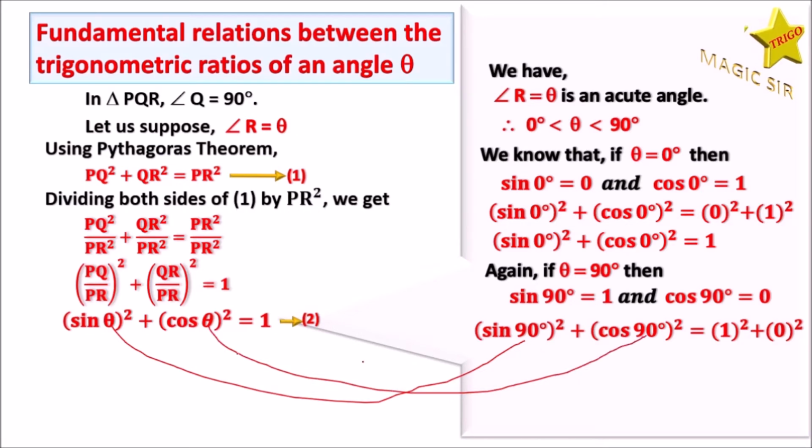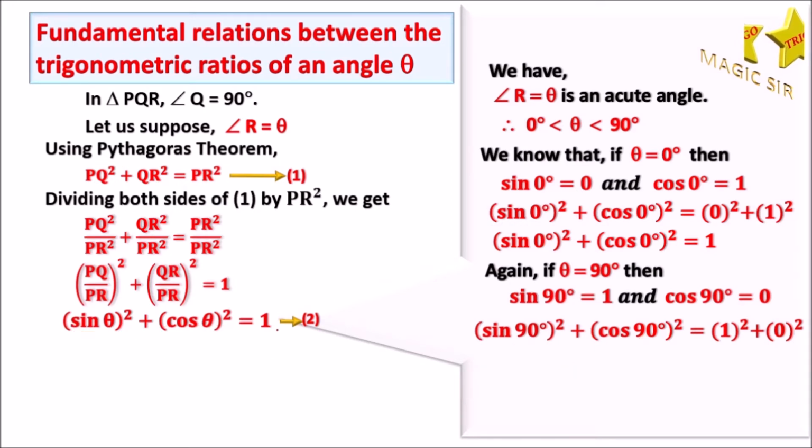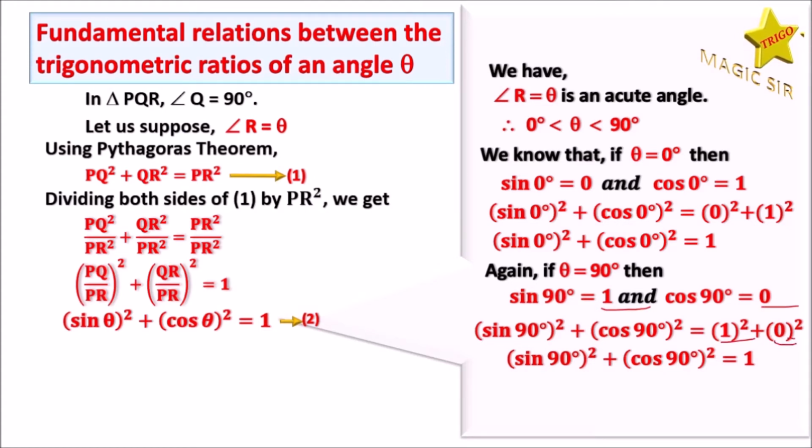Therefore, (sin 90 degrees) whole square plus (cos 90 degrees) whole square, where sin 90 degrees equal to 1 and cos 90 degrees equal to 0, is equal to 1 square plus 0 square equal to 1 plus 0. Therefore, it is equal to 1.